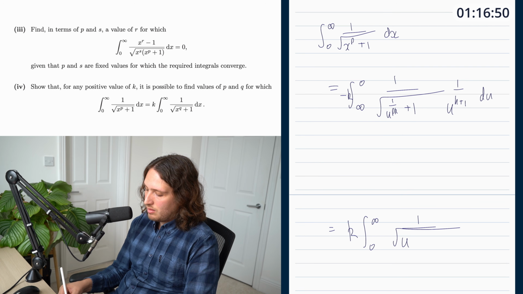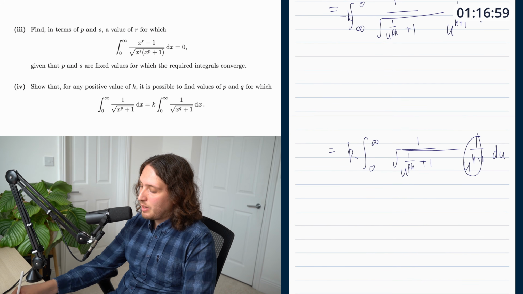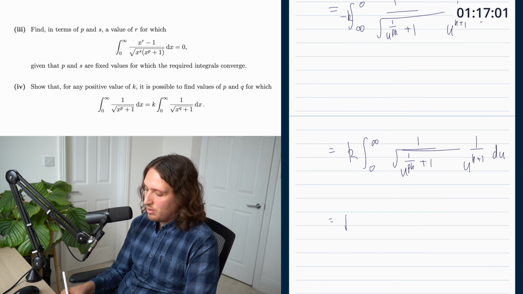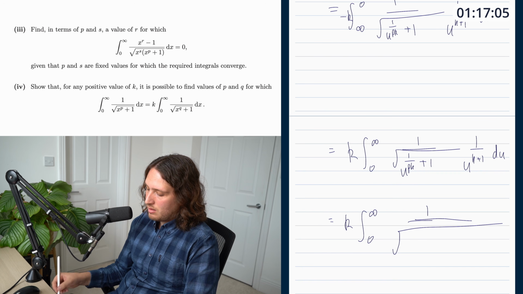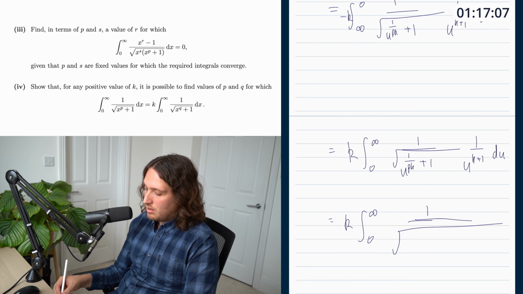So I've got 1 over u to the pk plus 1 times that. Now, when I bring that in the square root, it becomes a 2k plus 2. So I've got u to the 2k plus 2 minus pk plus u to the 2k plus 2.